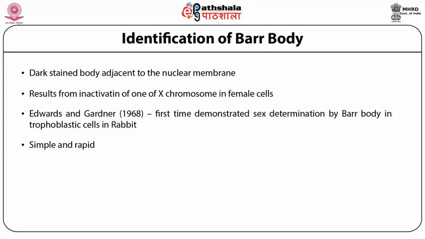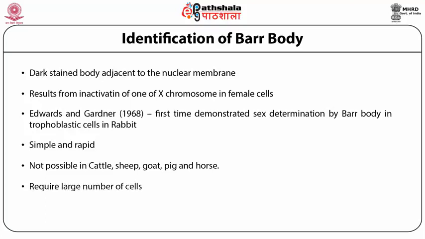So it cannot be a confirmatory method for sex of the embryo. In addition, it is also not possible to determine the sex in cattle, sheep, goat and pig because their cytoplasm contains granules and it requires a large number of cells. So that can also damage the embryo.